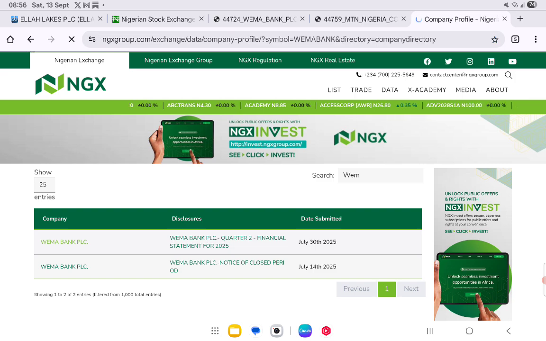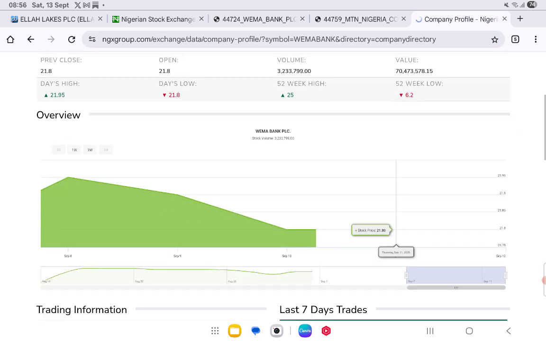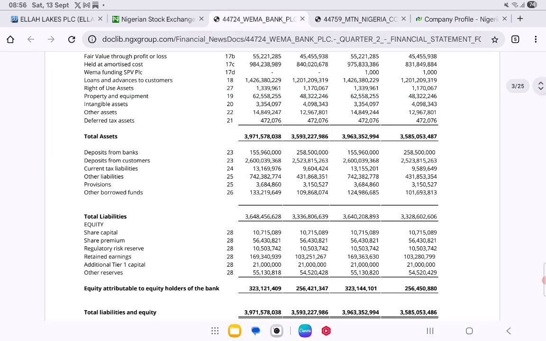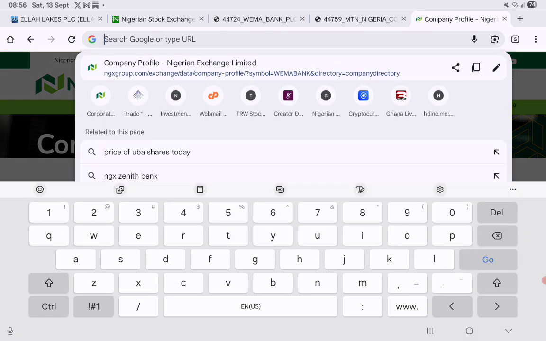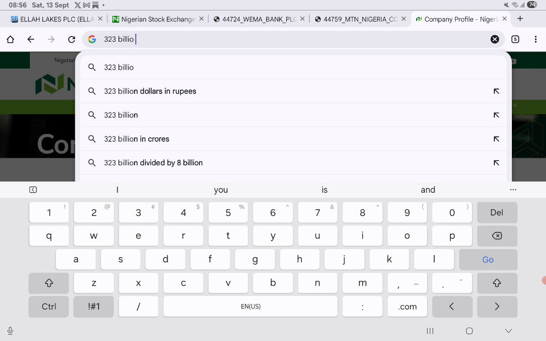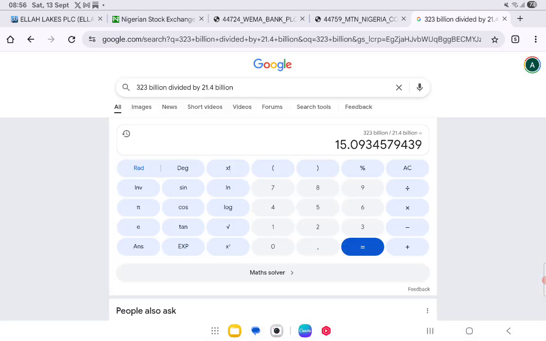So I think the number of shares issued should be maybe in the 21 billion. So to work out the book value per share, I take 323 billion, which I did before in preparation for my videos, divided by 21.4 billion. So the book value per share of Wema Bank is what? 15 naira.